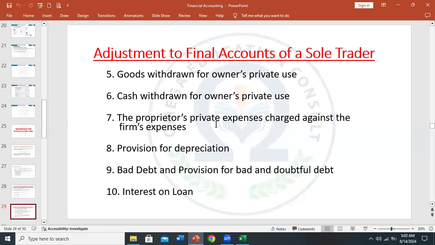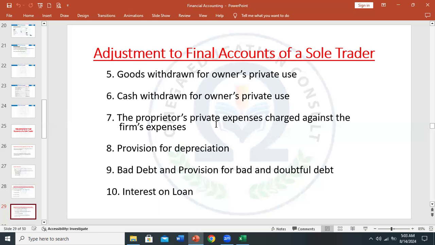The other one is provision for depreciation. And professors, this provision for depreciation is going to be manifesting itself in your journey as financial accountant.